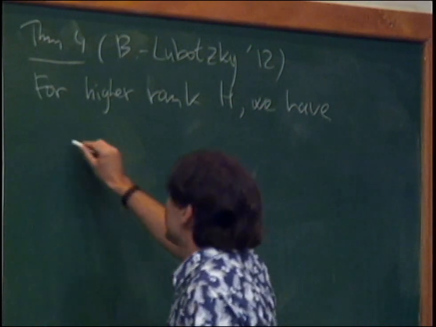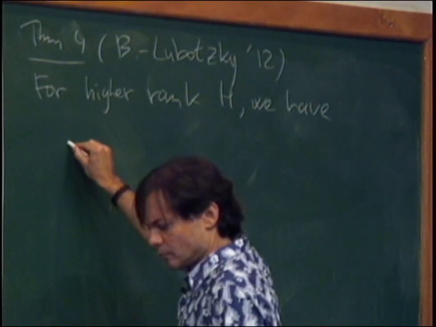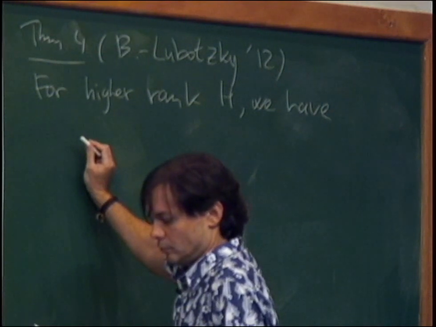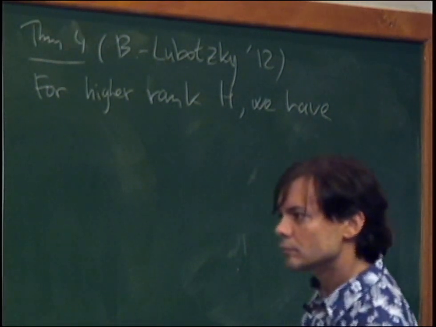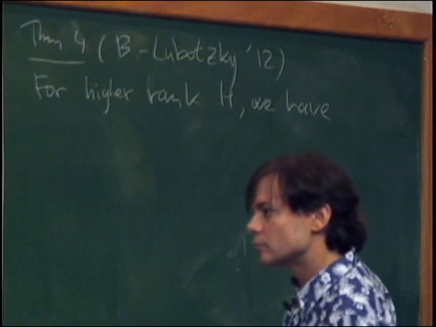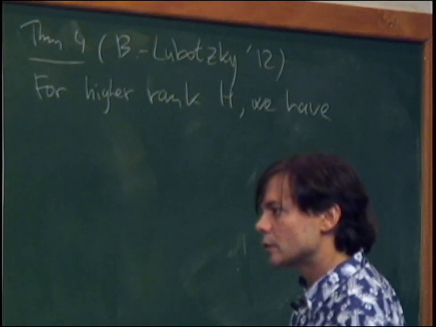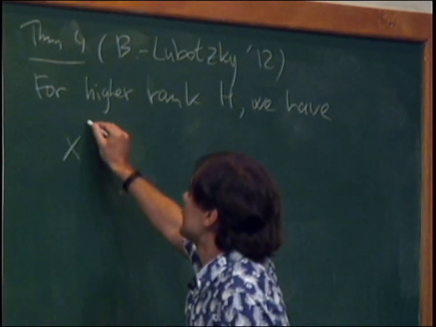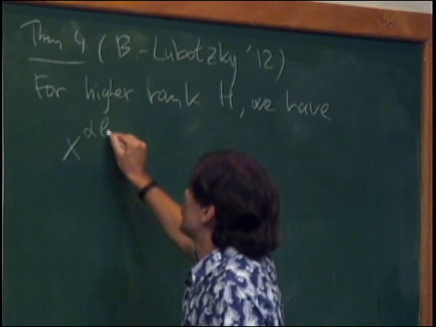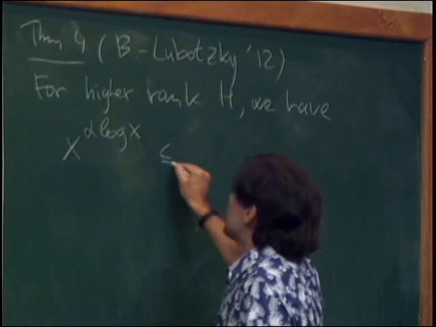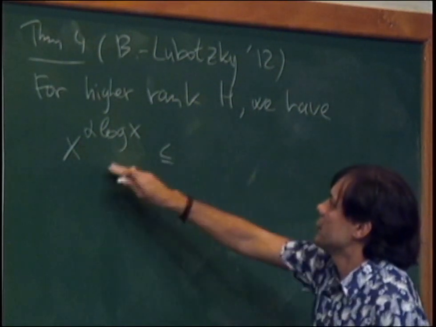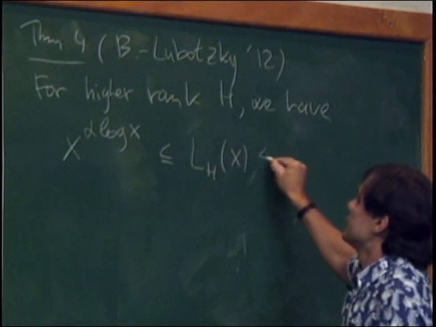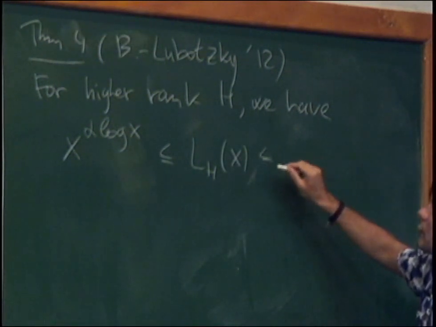What we have is x to the power alpha log x divided by log log x, say, as a lower bound, and a similar expression as an upper bound for the total number of irreducible lattices of covolume at most x.